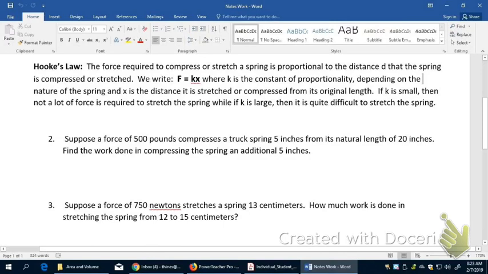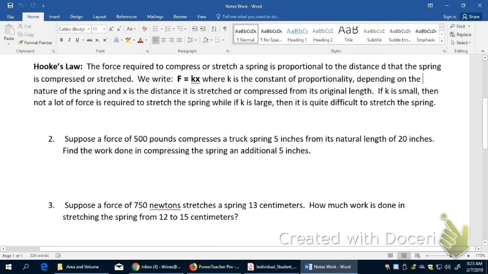Okay? So Hooke's law says that the force required to compress or stretch a spring is proportional to the distance d that the spring is compressed or stretched. F equals kx is the proportional part, where k is the constant of proportionality, depending on the nature of the spring, and x is the distance that it's stretched or compressed.